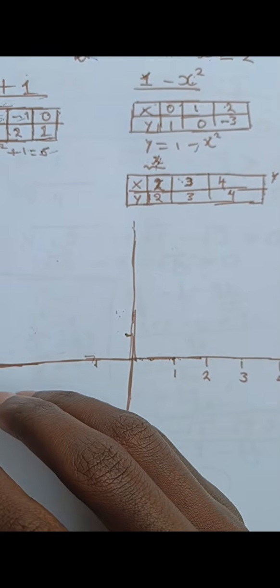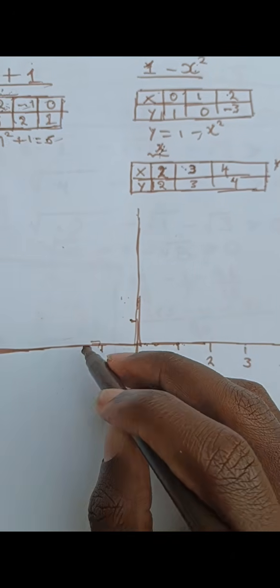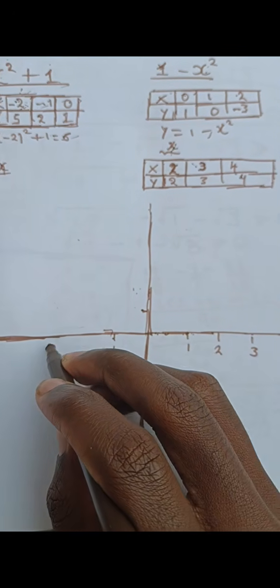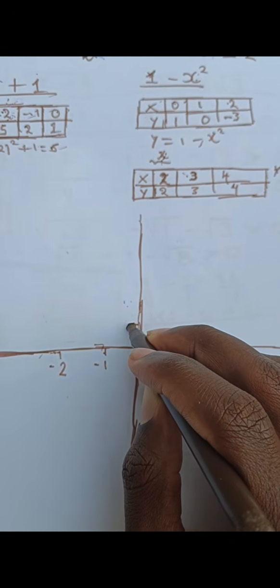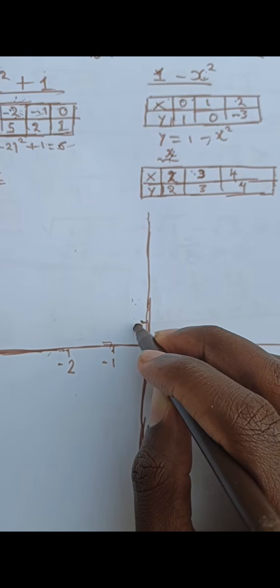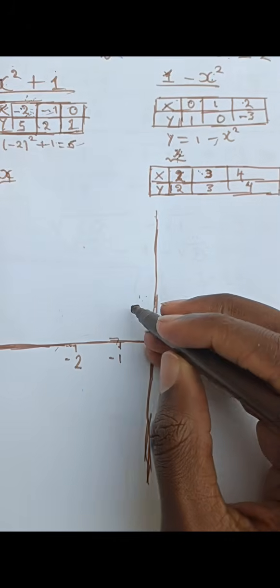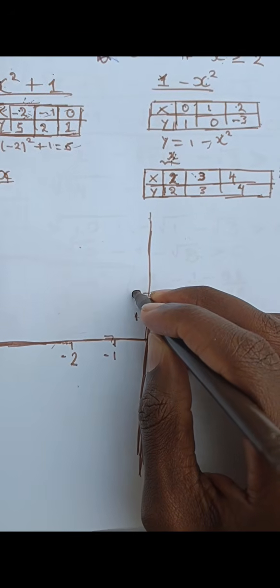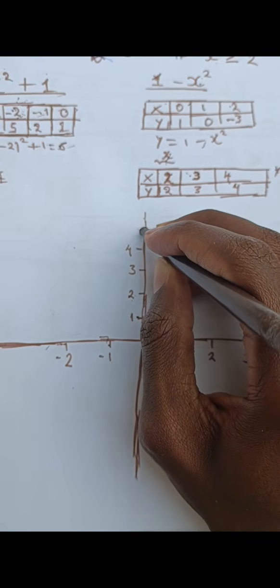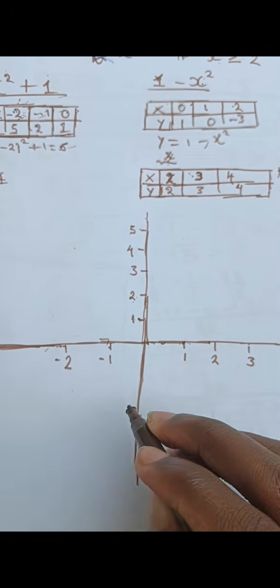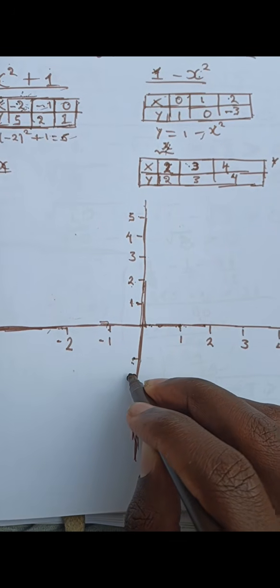On the negative side of x, which one appears to be the largest? It is negative 2, right? So I'll say negative 1, negative 2. On the positive side of y, the largest value seems to be 5, so I'll count 1, 2, 3, 4, 5.